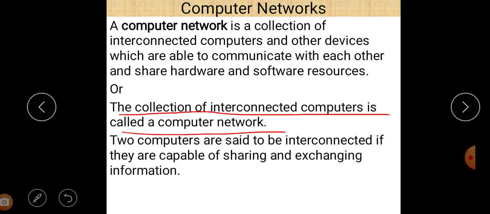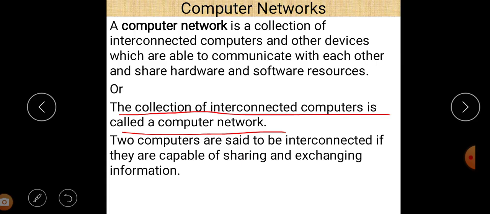And there is one important question here: why do we connect different computers together? Because of resource sharing. Suppose there is only one printer in our lab or in our office, and you want to connect this printer to all these computers. It is possible only because of the computer network.